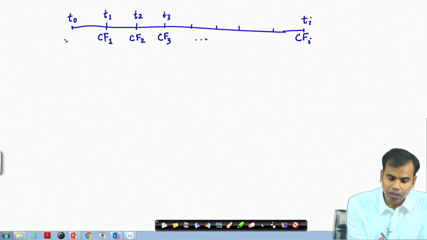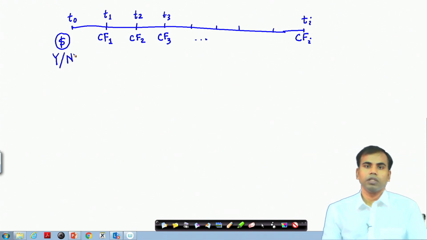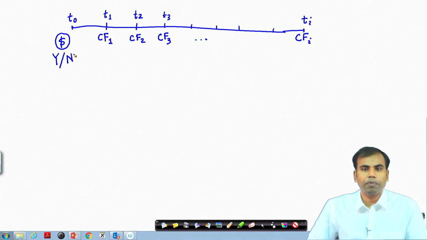Today, we have to make a decision, which means that we have to decide whether to pay for this investment or not. Y or n implies whether we are going to make the investment or not. Consider this case as an example of investing some money in any project.